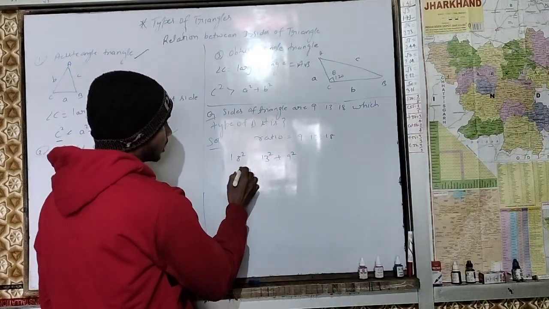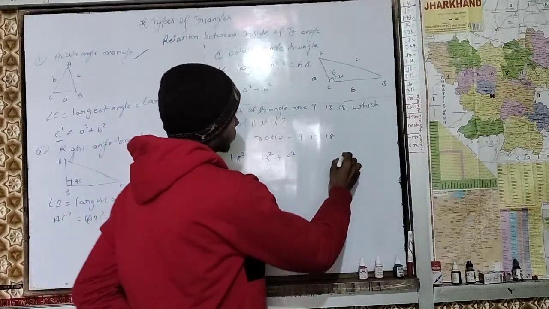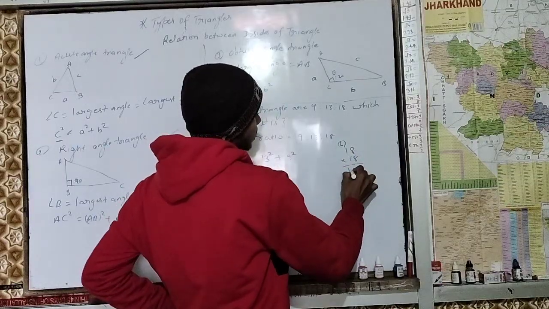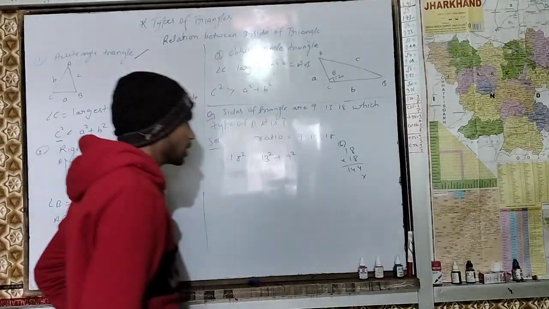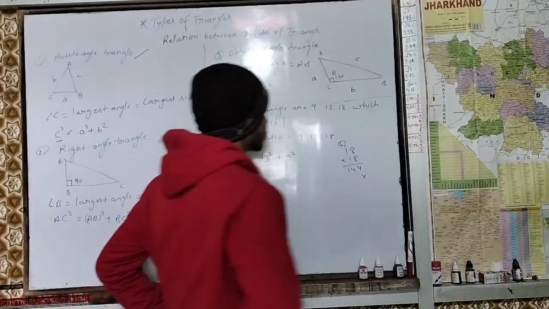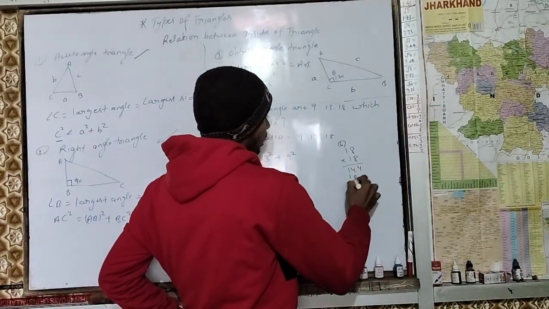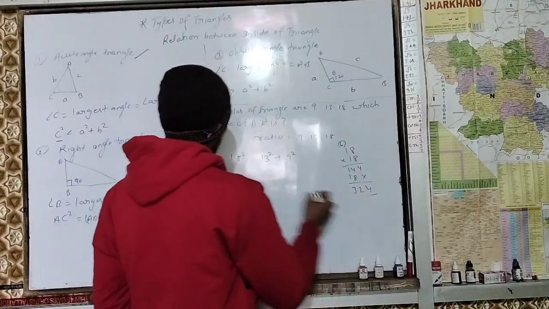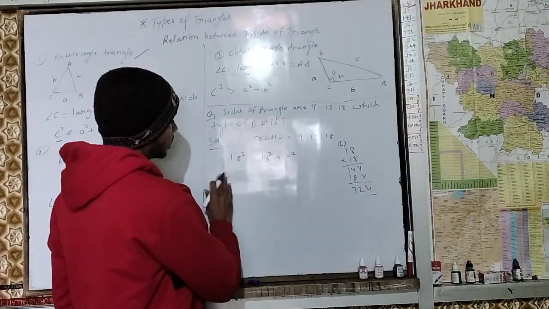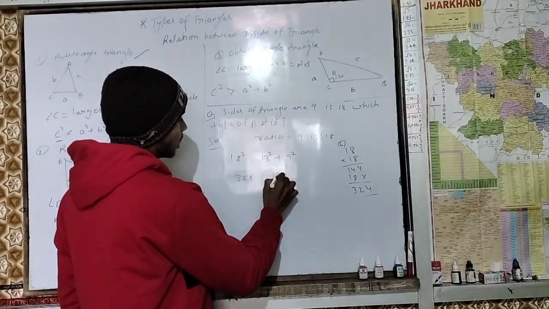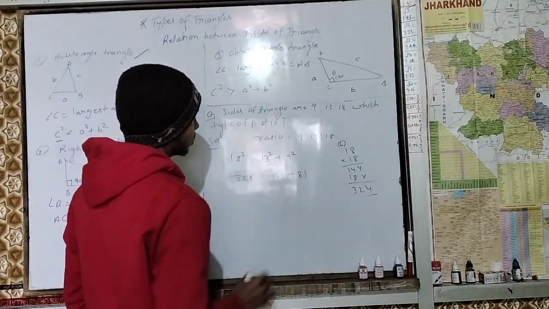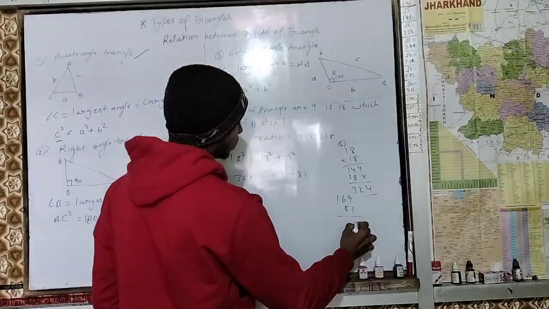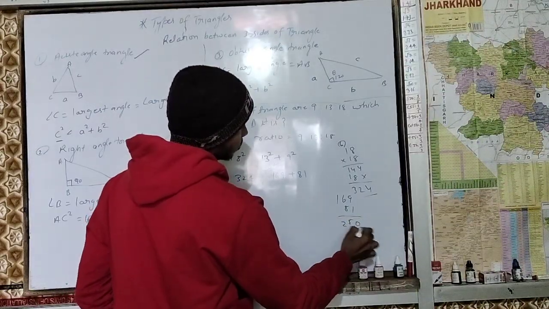18 squared will become 324. 13 squared is 169 plus 81, that will be 250.